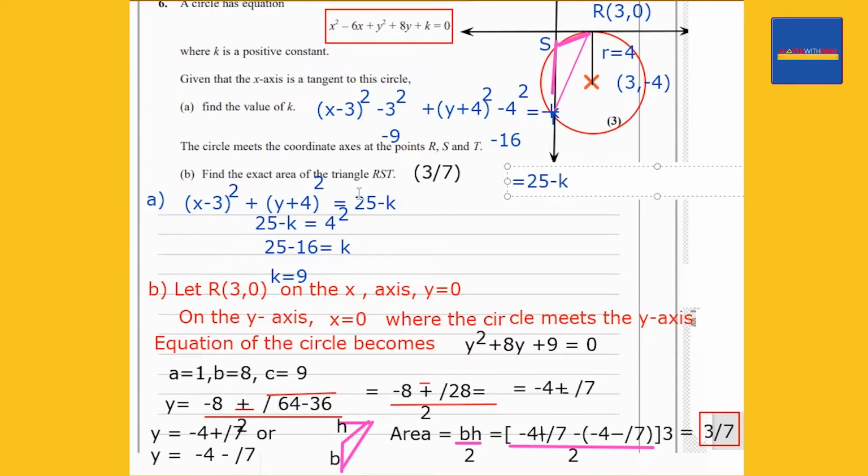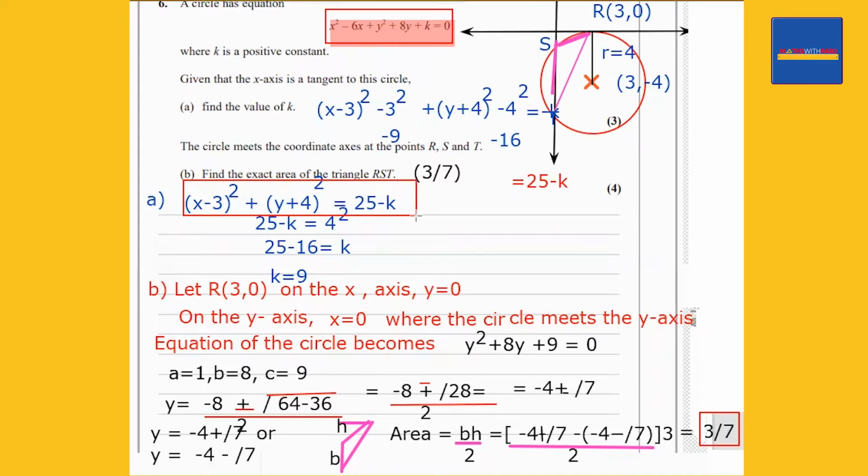So I can rewrite the equation that is given originally as x minus 3, the whole thing squared, plus y plus 4, the whole thing squared, equals 25 minus k. I hope that's clear.